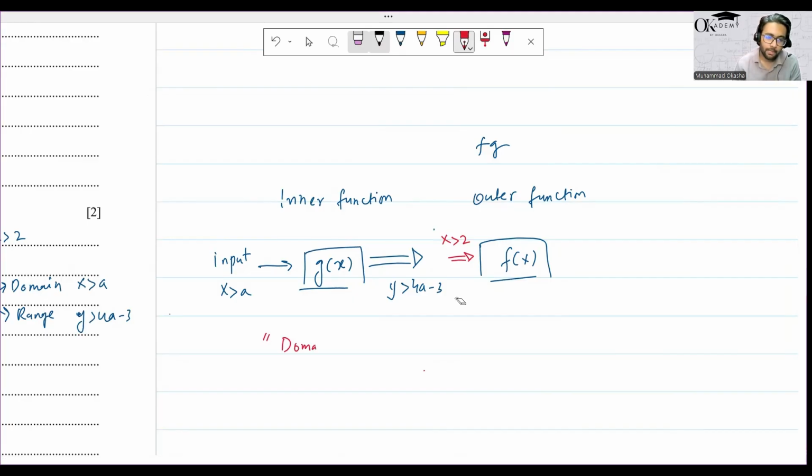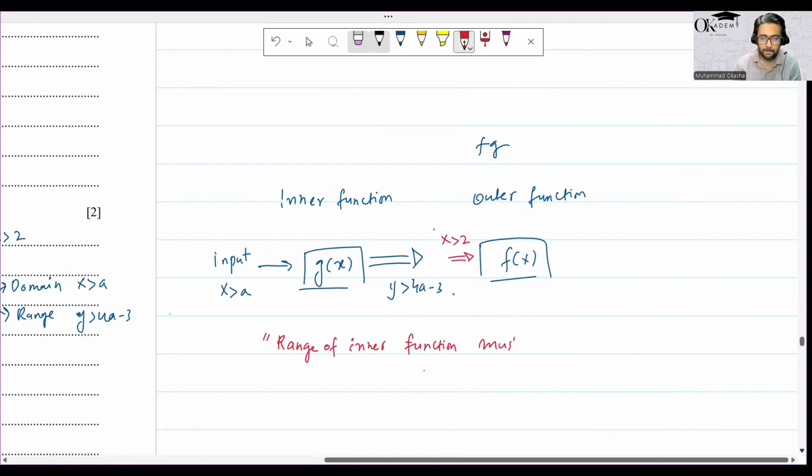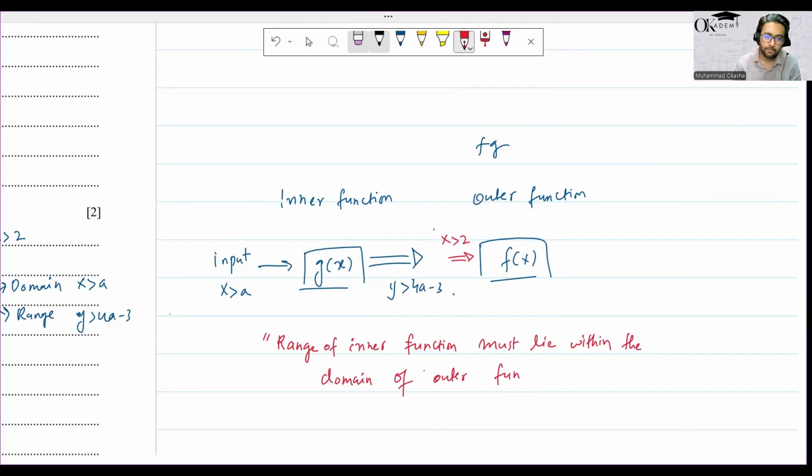The range of the inner function must lie within the domain of the outer function, right?